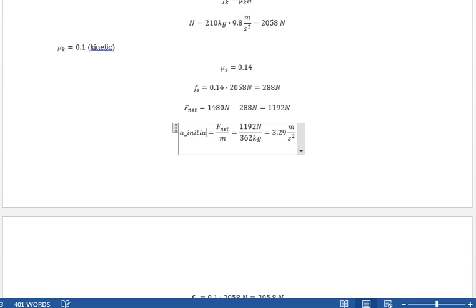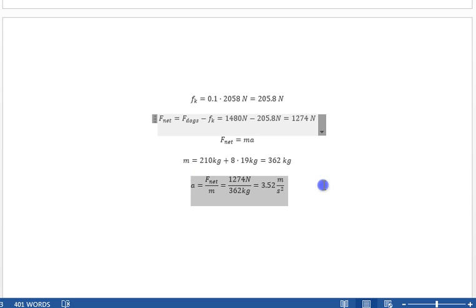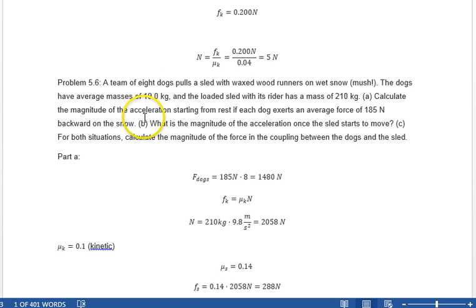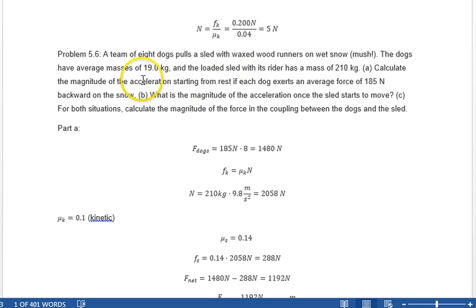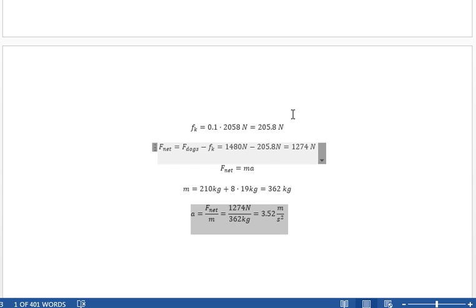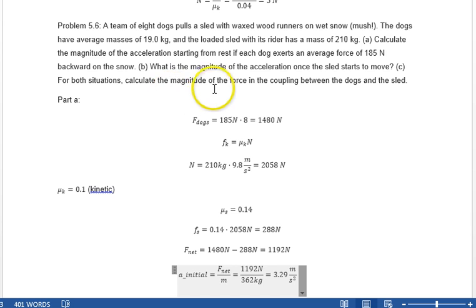So this is the initial acceleration, but as soon as you start moving, it becomes the kinetic case, which is why I didn't bother calculating that part at first. I hadn't read closely enough. So just when it starts to move, the initial acceleration is 3.29 meters per second squared. But as soon as it starts moving, you're into the kinetic friction case, and the acceleration is 3.52 meters per second squared.